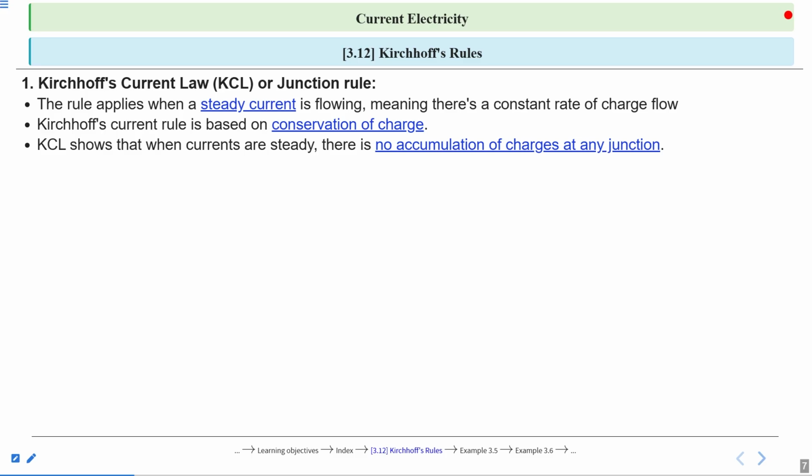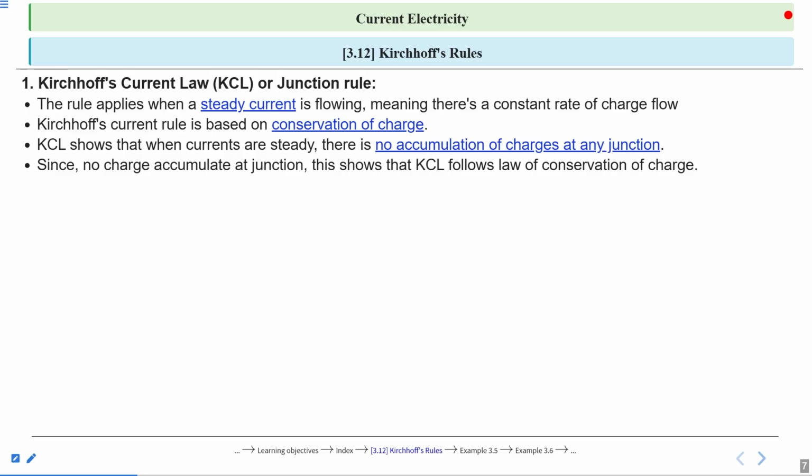But according to Kirchhoff's current law, or the junction rule, the amount must be the same. So it means there is no accumulation of charges at any junction. Since no charges accumulate at the junction, this shows that KCL follows the law of conservation of charge.